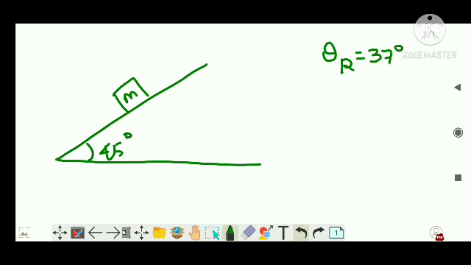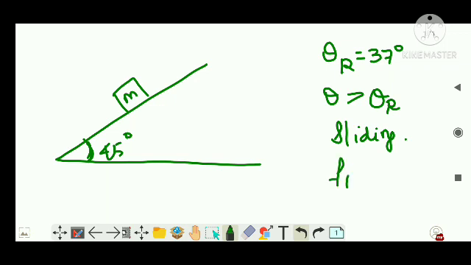Now it is clear it is going to move. What is the angle here? 45 degrees, so theta is greater than theta r, that is, the angle of the plane is greater than the angle of repose. That means there will be sliding, and since it moves, there will be kinetic friction acting. That's much clearer. Now let's draw the free body diagram.